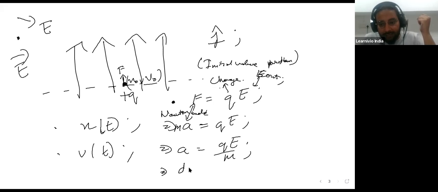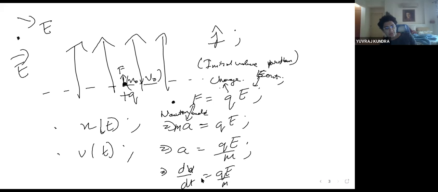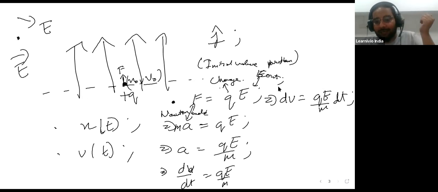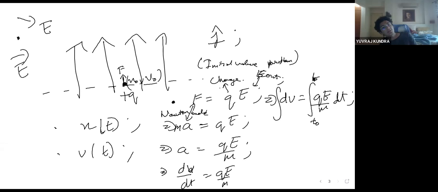You can write a as dv by dt, equal to qE over m. Take the dt on the other side. You have qE over m times dt. Let's integrate on both sides. Let's say the initial time is some t naught, and the final time is some t. If we differentiate and then integrate, it's the same. Okay, step by step.